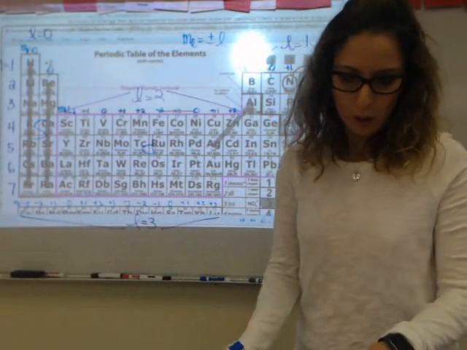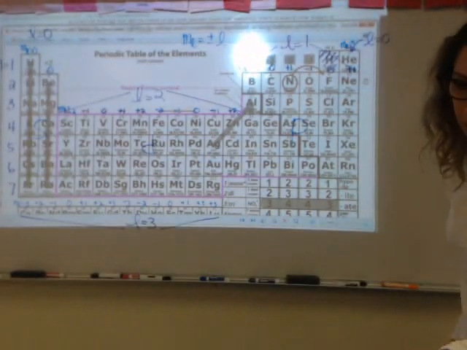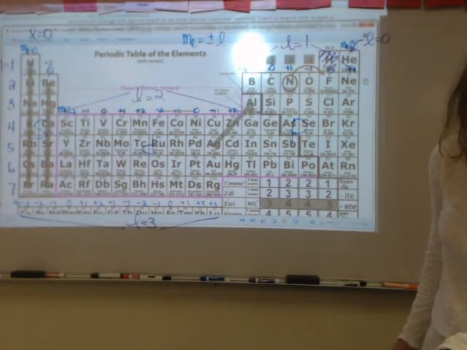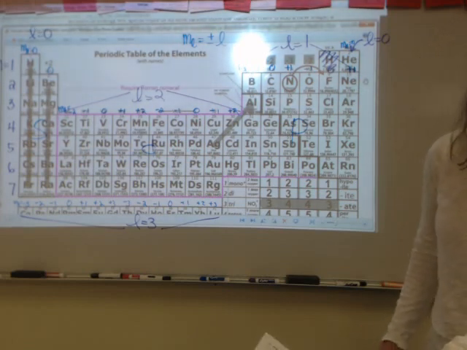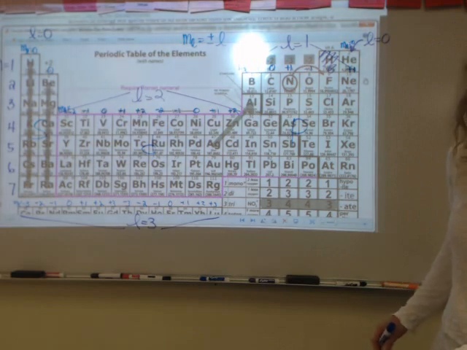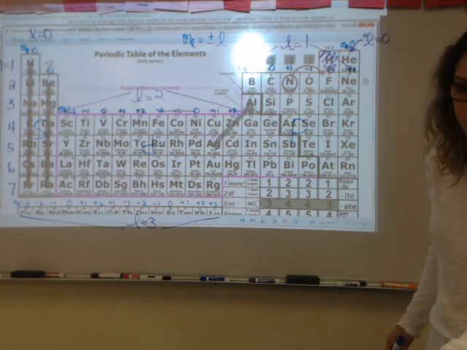Okay, so the magnetic quantum number M sub L is showing you the orientation in space of an atomic orbital. These are the number of possible different orientations in space, which also represents the number of individual orbitals of that particular shape or sublevel.